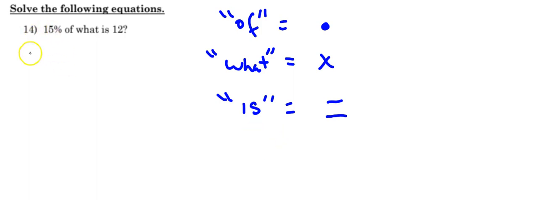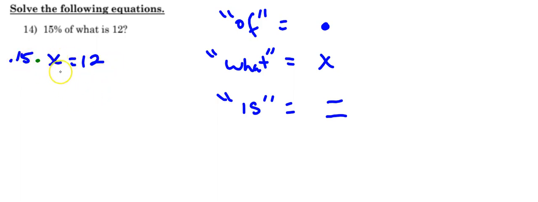So let's try this one. So it says 15%, so we're going to write 15% as a decimal, 0.15, of, which is the times symbol, what, equals or is 12. 0.15x equals 12.